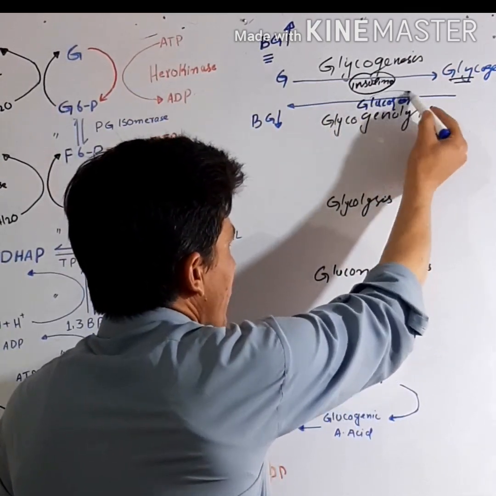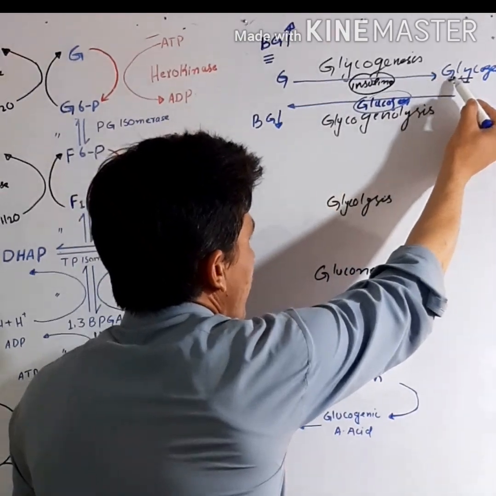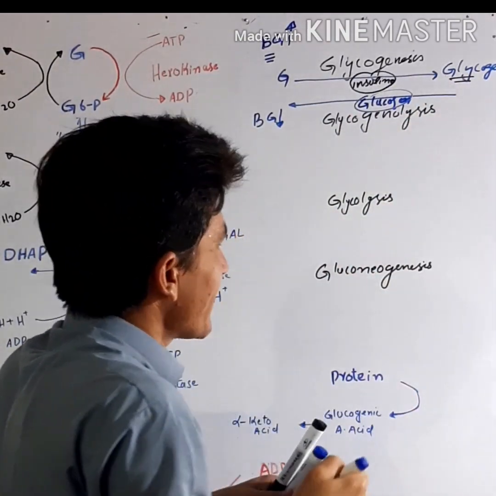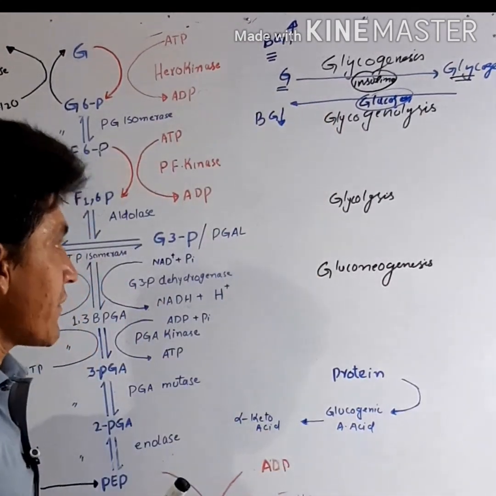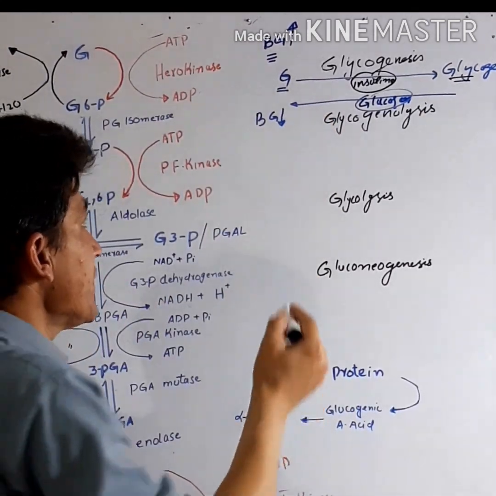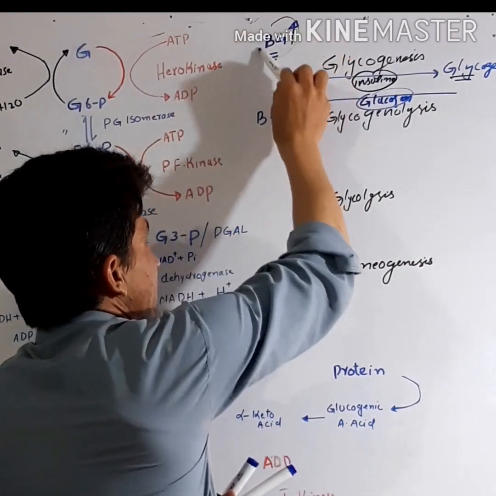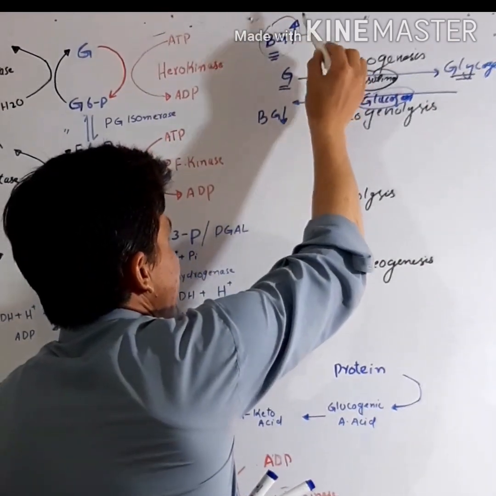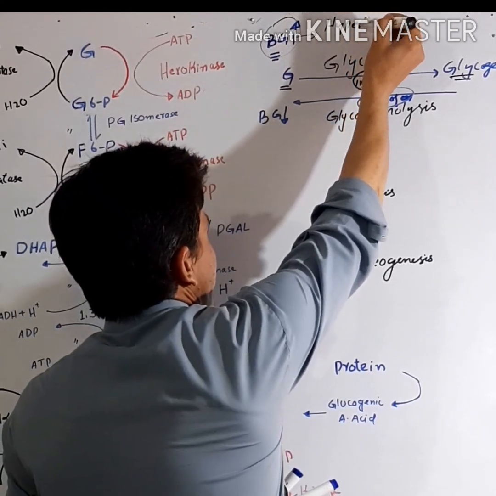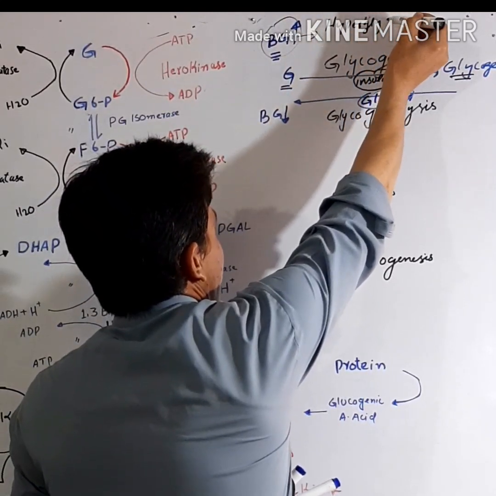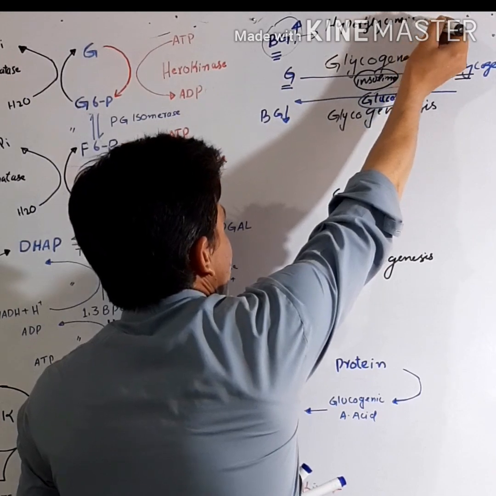What is the function of glucagon? Glucagon breaks down the glycogen back into glucose to normalize the blood glucose level. Remember, when the blood glucose level is higher than normal, this condition is known as hyperglycemia.